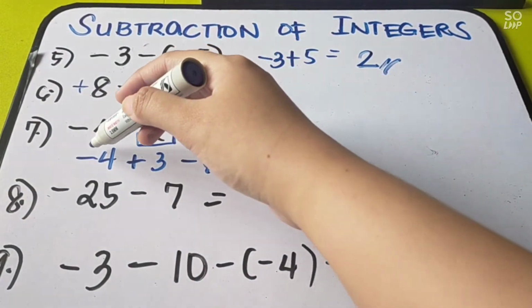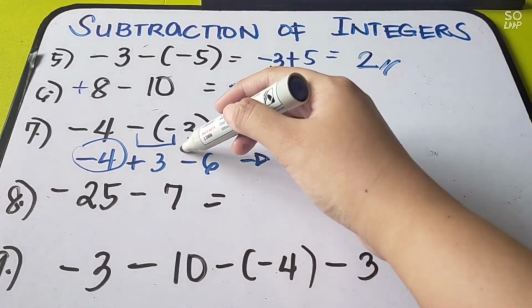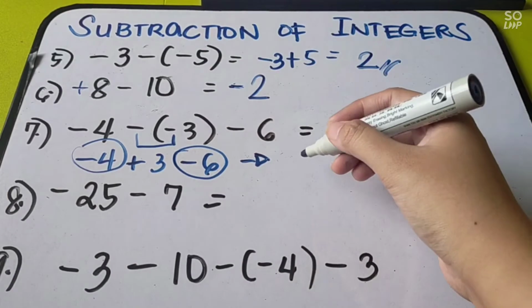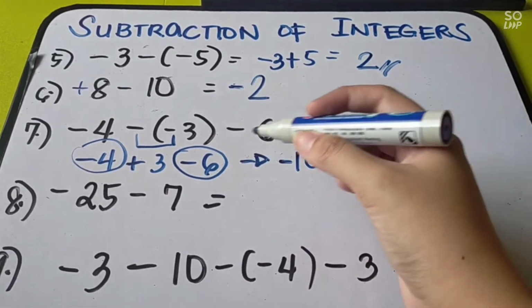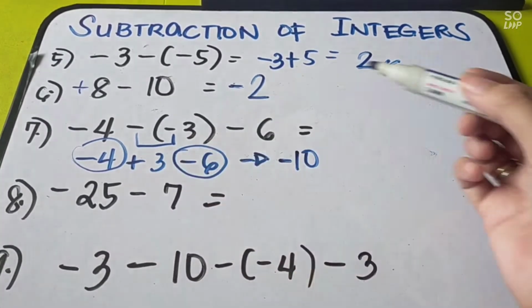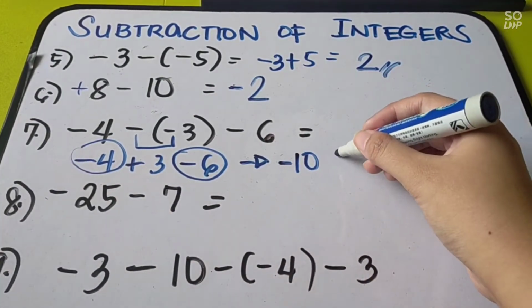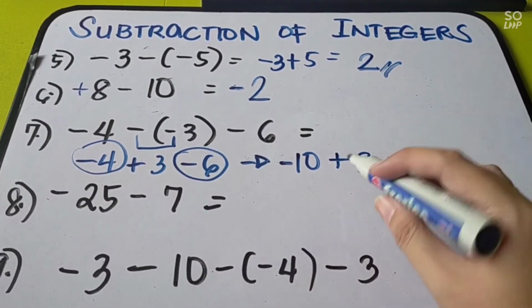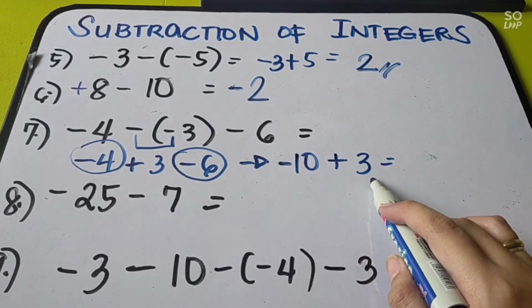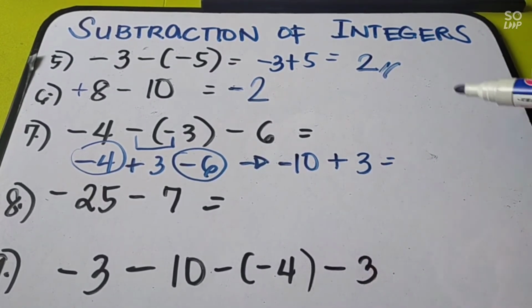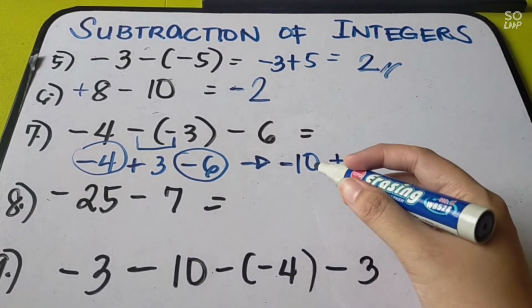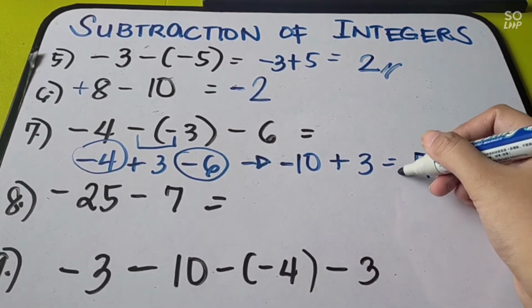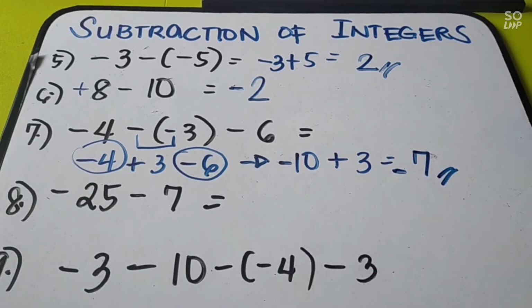Ang may same ng sign ay si negative 4 at saka si negative 6. You will just add 6 plus 4, the answer is 10. Should be negative. You are going to keep the sign. Then, just write yung natira, plus 3. So, different in sign, we are going to subtract. 10 minus 3, the answer is 7. So, what's the sign of the higher number? We have here, negative. So, your answer should be negative.